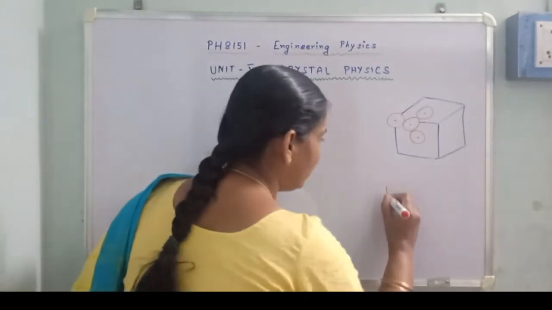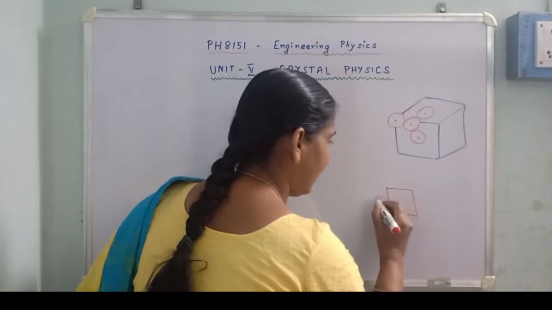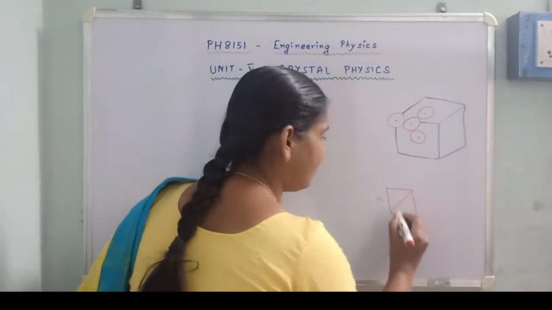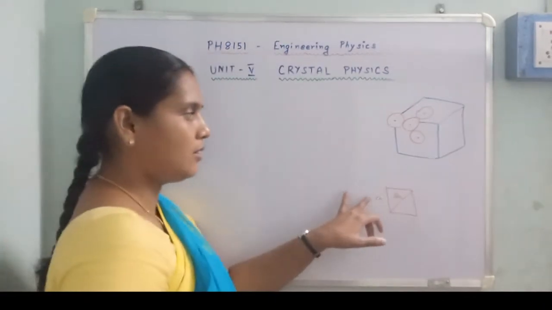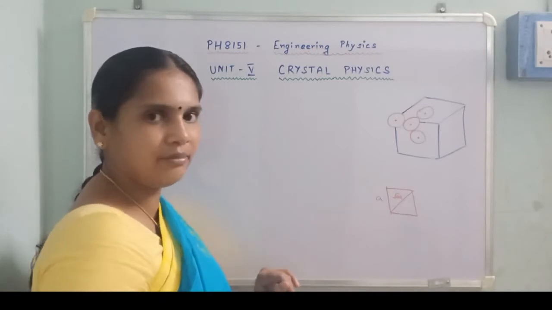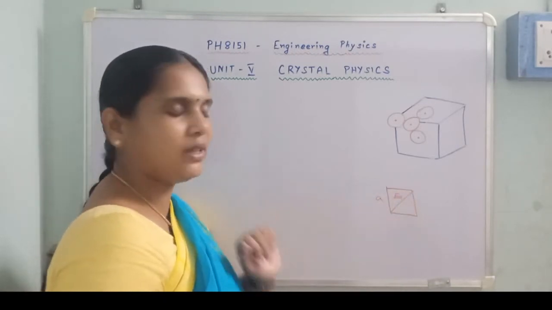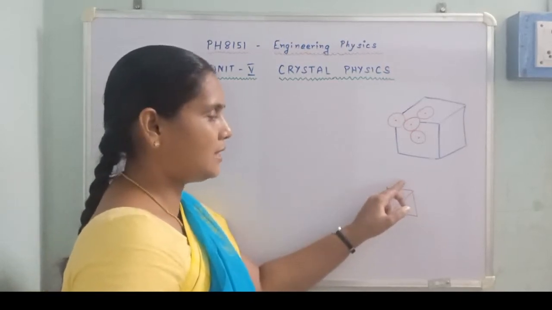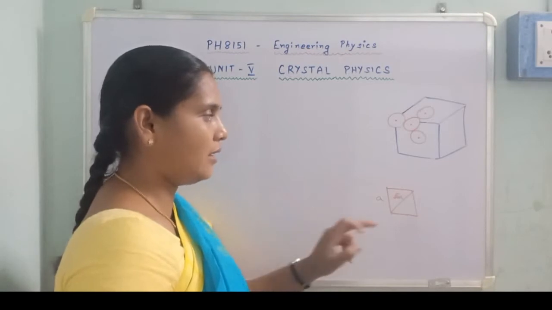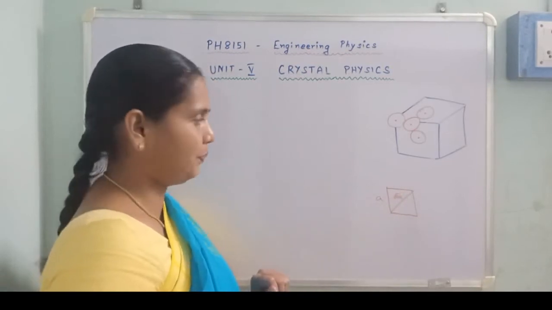Any cube of side a will have a face diagonal length of √2a, because by Pythagoras theorem, opposite side square plus adjacent side square equals hypotenuse square. So here a square plus a square is 2a square, which means the hypotenuse is √2a.